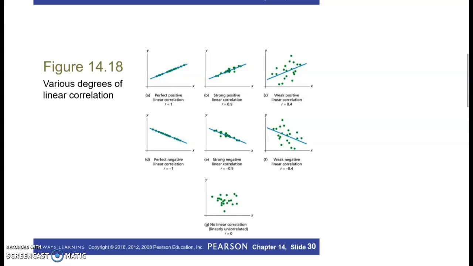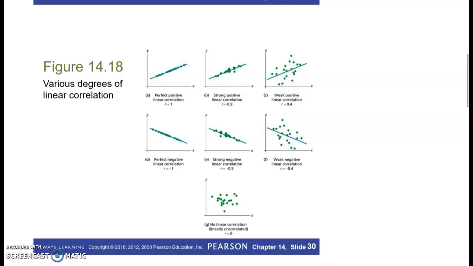Unlike the coefficient of determination, correlation can be negative or positive. We can have a positive linear correlation, meaning as our x value increases, so does our y value. Or we could have a negative correlation. As our x value increases, our y value decreases.